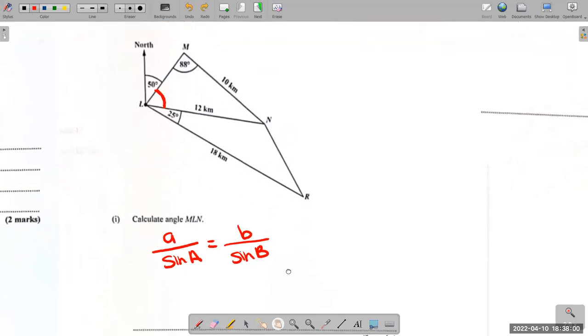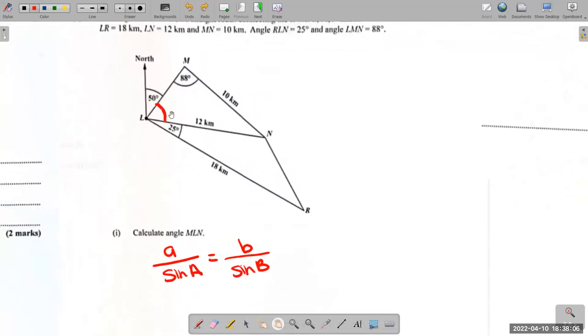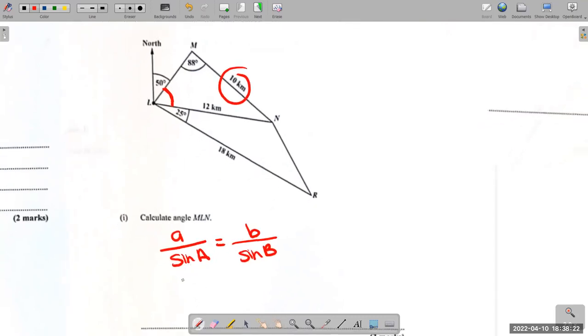From here, all you have to do is substitute. We want this angle, but we have to make sure we have a side that matches it. Do we have it? Yes, we do. So we have 3 out of the 4. You realize there are 4 things here, and you have 3 out of the 4, which means you can find the missing one. What should I write?